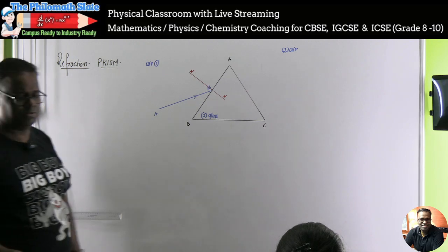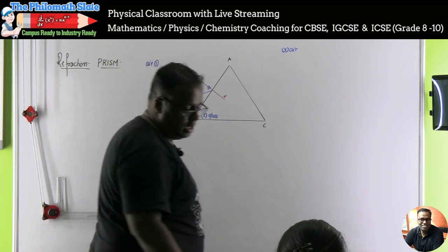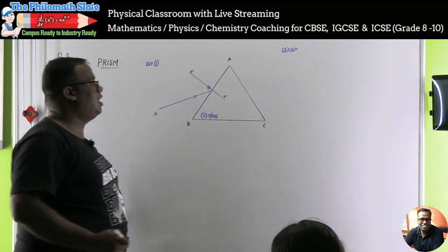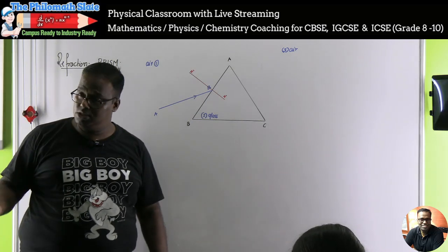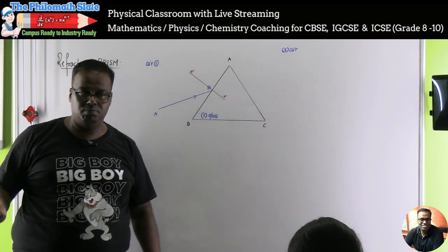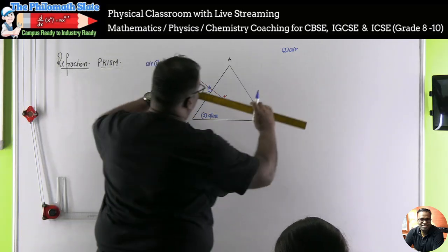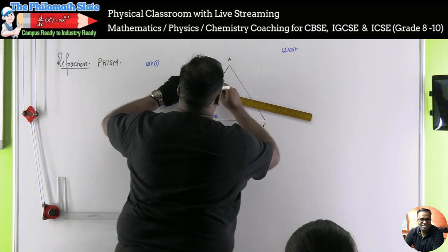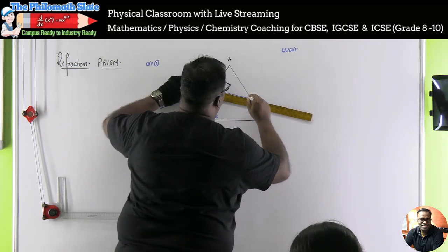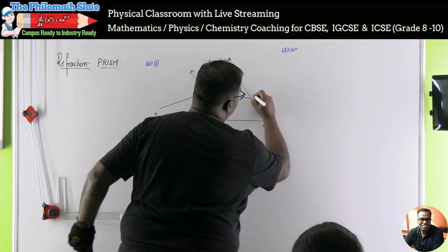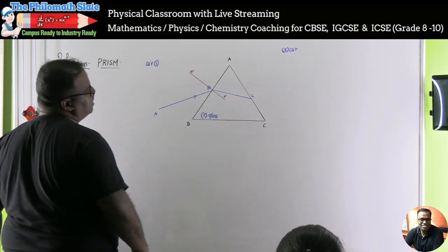Understand it and do it, and everything will make sense. Okay, next point. So what should happen? The ray should bend towards the normal. Yes or no? The ray should bend because we are going from rarer to denser. So the ray is bending towards the normal and hits the other side at C. So C is another point of incidence now.